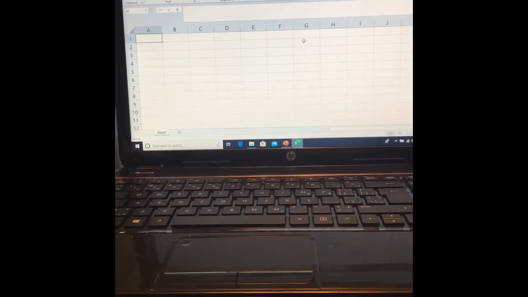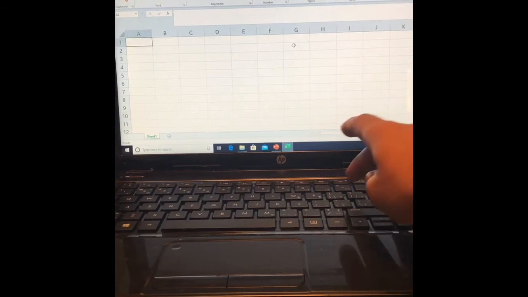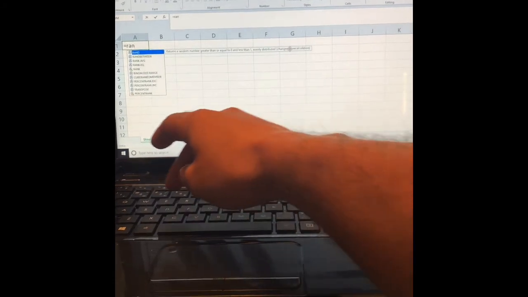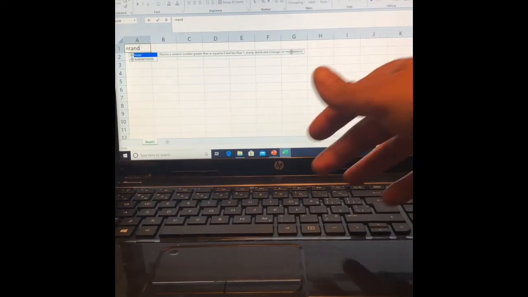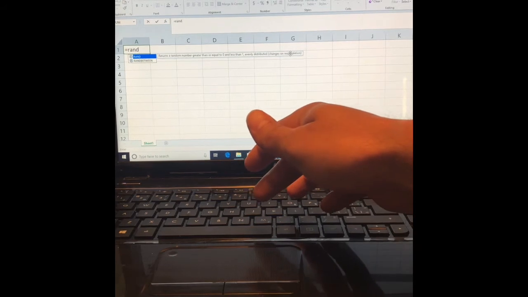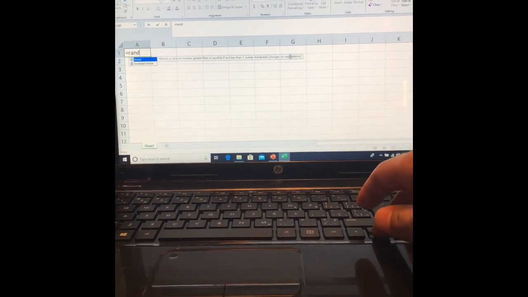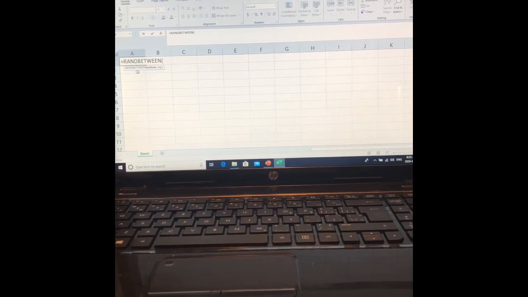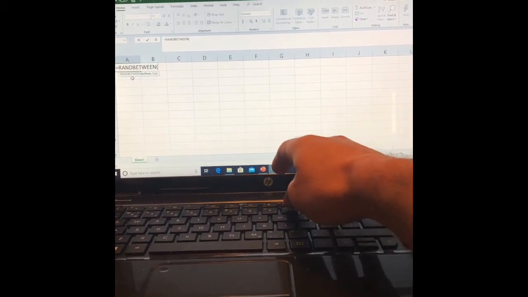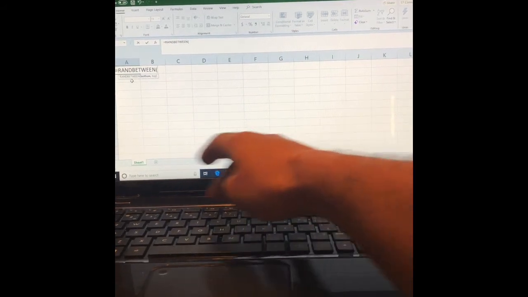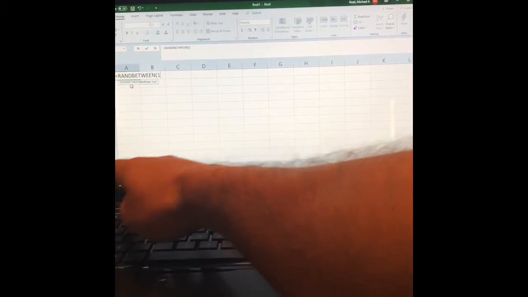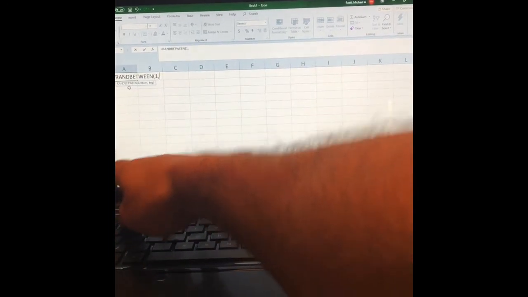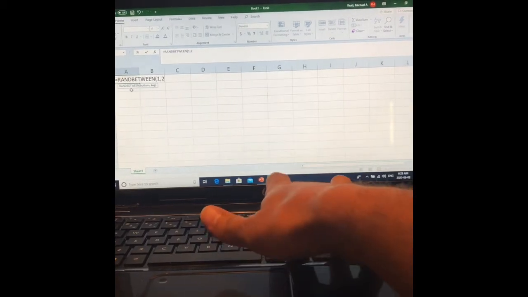Okay, so we need heads. The easiest way to do this is equals RAND, which is short for random, RANDBETWEEN. Random between, and one is your bottom, 2 is your top. 1 is heads, 2 is tails.